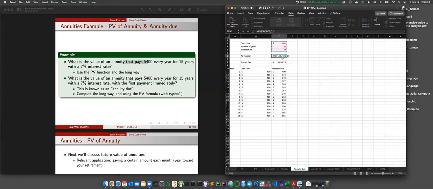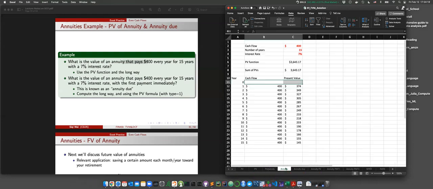If you use the Excel function, notice the fifth component, which I didn't show you in the previous example: the value of 1 is an indicator variable that tells Excel this is an annuity due problem. That gives you the value of this annuity due, which is 38.98.